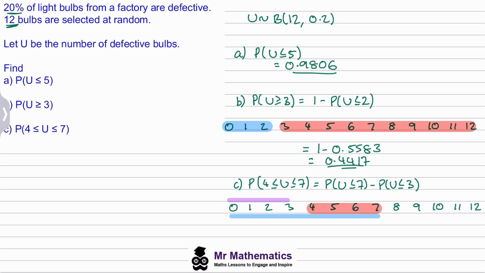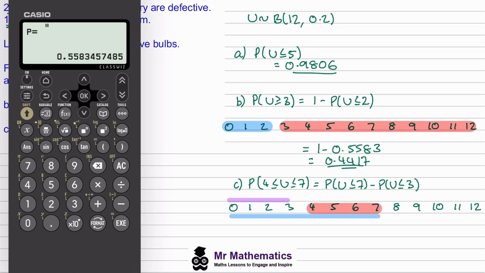We go back to our calculators. I'll choose back. And again, now we'll choose binomial CD. And now we can choose list. We can enter in our U value as 7 and the U value as 3. So we can calculate both at the same time. We've got N and P the same.